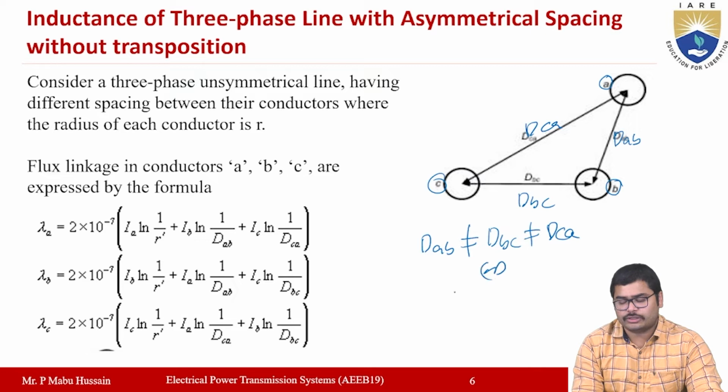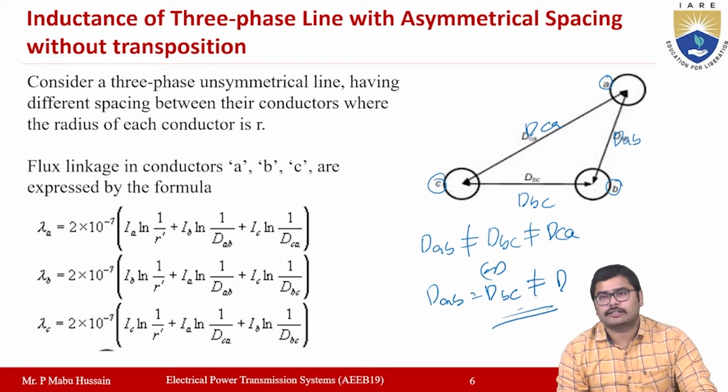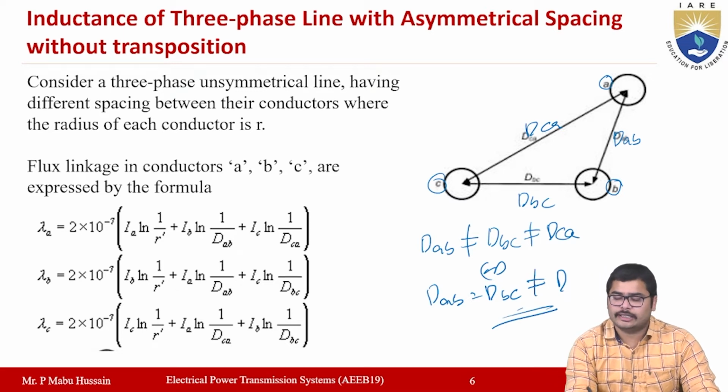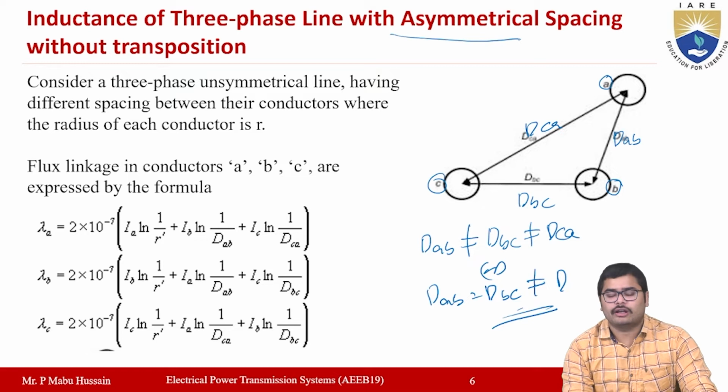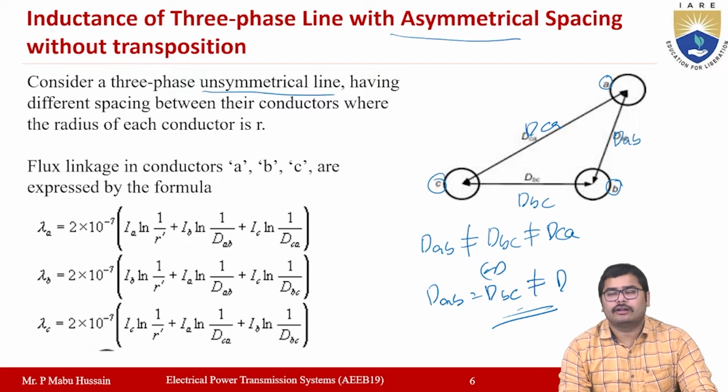Even if two are equal and not equal to the third one, in such a case also you can call the 3-phase transmission line system asymmetrical, or you can call it an unsymmetrical line. An unsymmetrical line is a line in which you have unequal distances between the conductors.